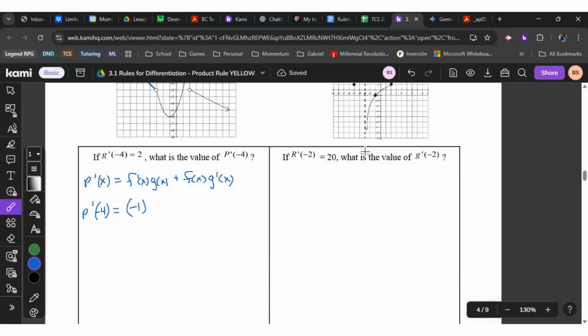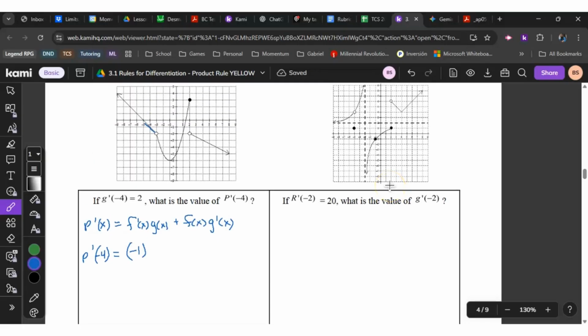Okay? What is g of -4? Go over here, we look over here, g 1, 2, 3, 4. Up here, it hits the graph right there, which is at 6. F of -4 happens to be exactly the same as the slope. It is -1. That's a fluke. Don't expect that to always be the case. Okay? And g prime of -4, if we go over here, that's a curve.